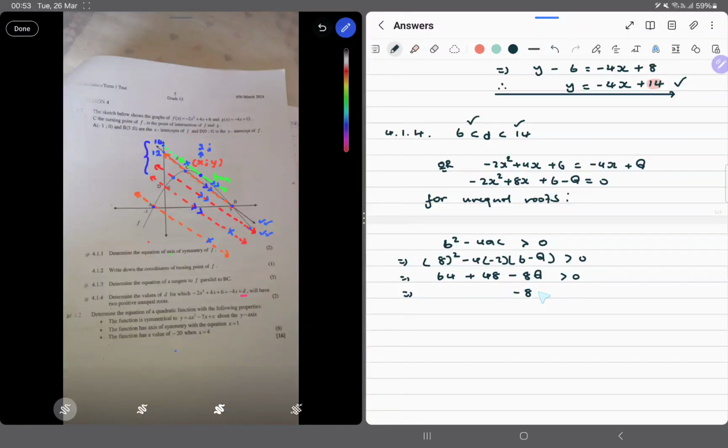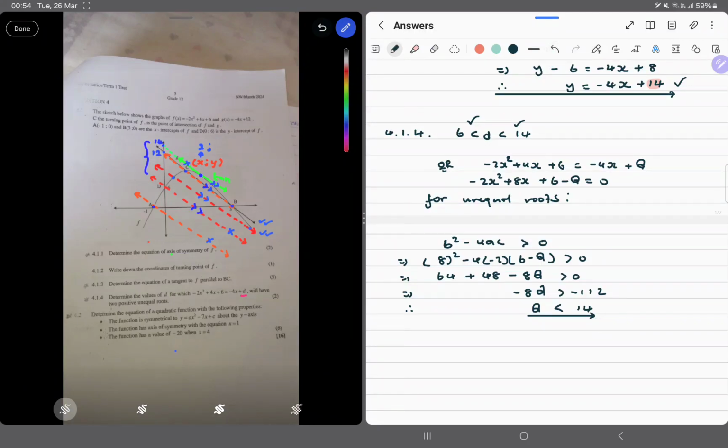This implies that minus 8d is greater than, we add those two, 48 plus 64, it's 112. So therefore d here, the sign will change. So 112 divided by 8 is 14. Can you see? This gives you only one answer.